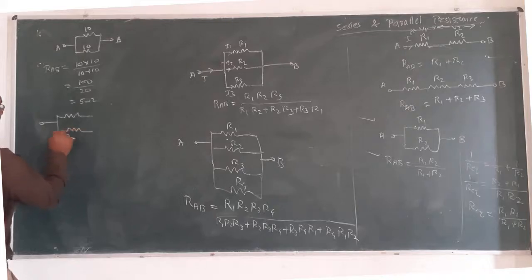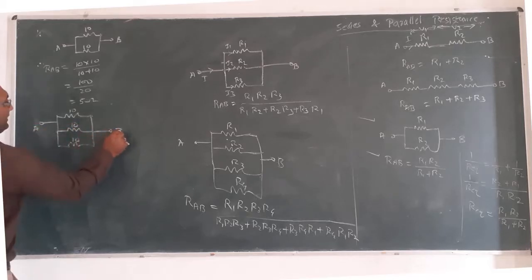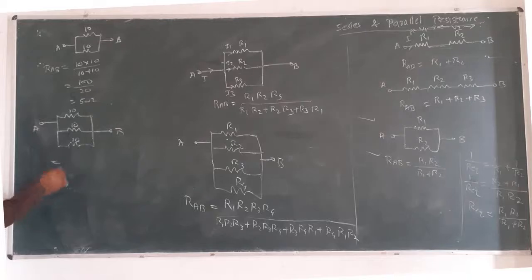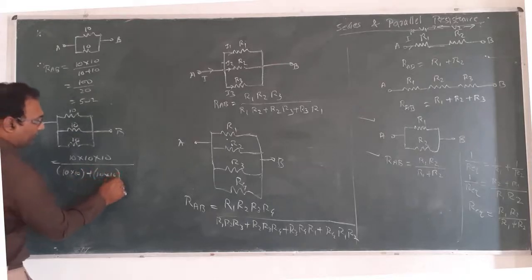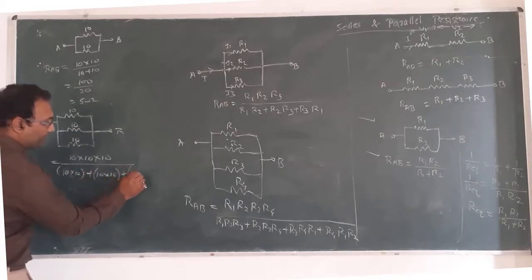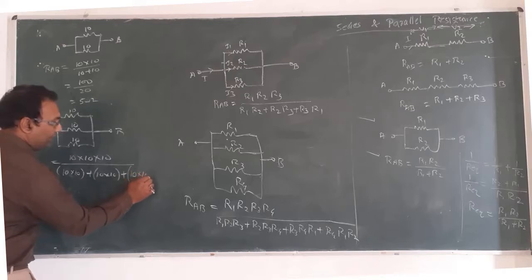Now, if we have three resistances connected in parallel, now what? Again we have to use the same formula: R1 R2 R3 divided by R1 R2 plus R2 R3 plus R3 R1.